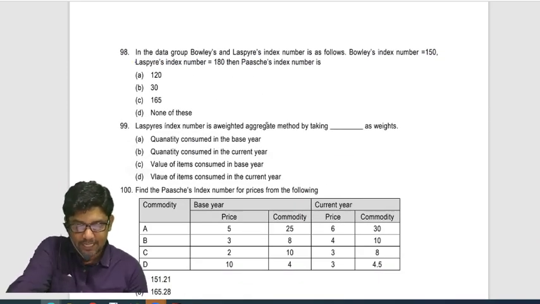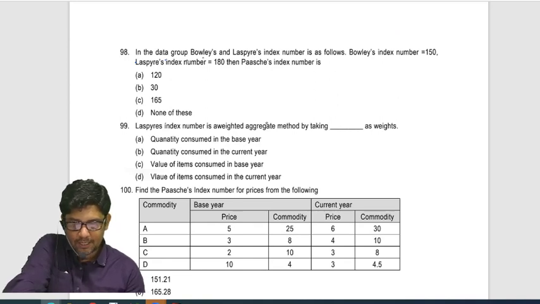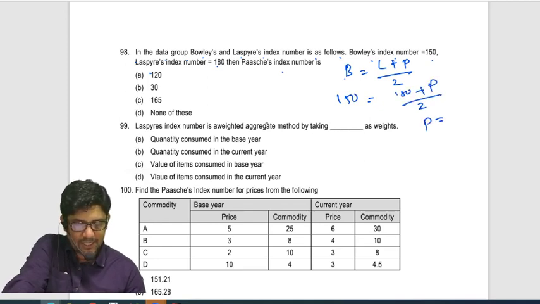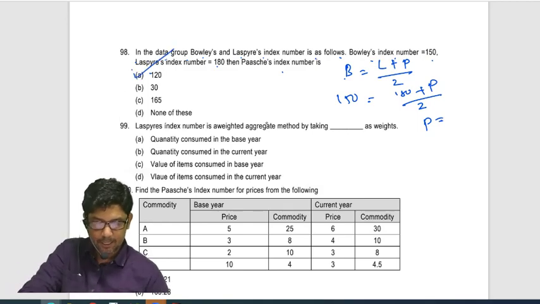Now, in the data given, Laspeyres and Paasche index numbers are as follows. Laspeyres index number is 150, Paasche's index number is 180, and Fisher's index number. Fisher's formula is root of L into P, or L plus P by 2. Laspeyres is 150, Paasche is 180, plus P divided by 2, so Fisher's is equal to 120.